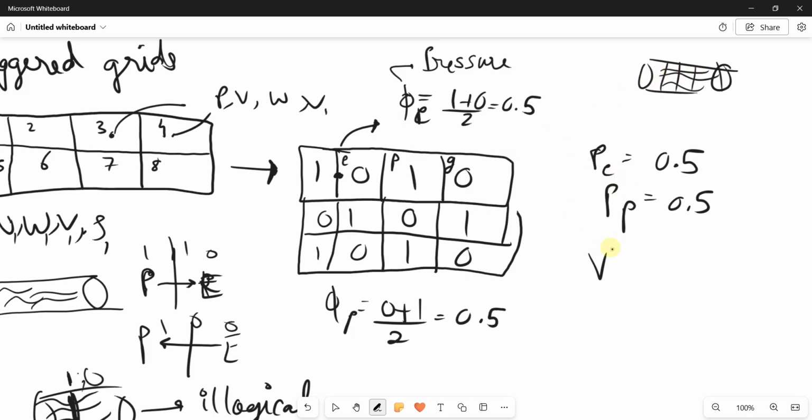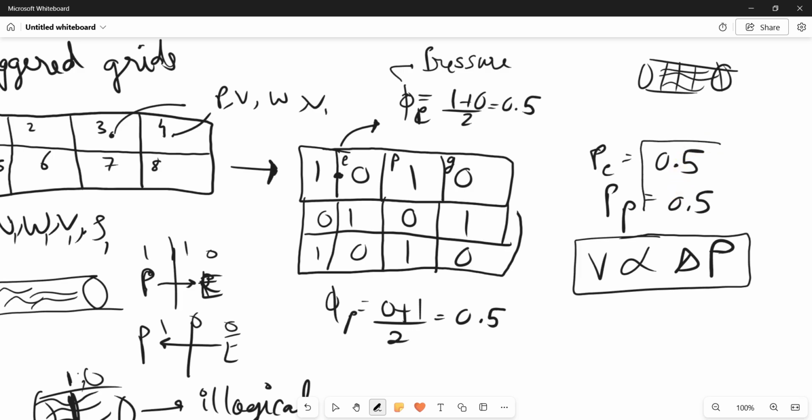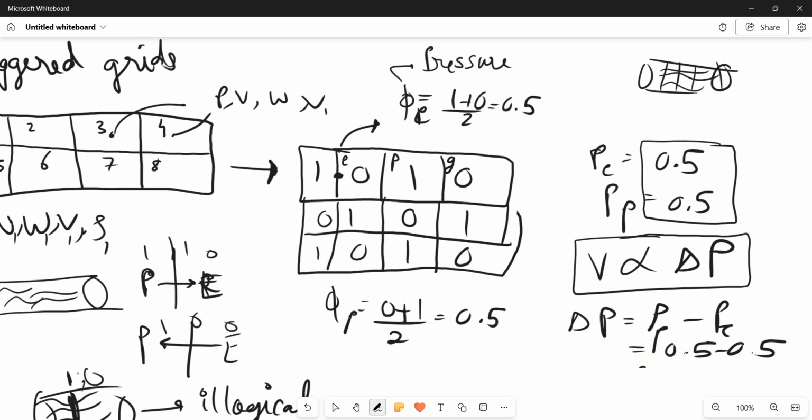You know that velocity is directly proportional to del P, from the momentum equation or Bernoulli's equation, whichever you remember. We are taking the momentum equation as standard. So velocity is directly proportional to del P, the change in pressure. Here you can see the pressure difference is going to be zero. Del P is equal to P_P minus P_E, which is 0.5 minus 0.5, so you're going to get 0. What does this mean? If velocity is 0, technically it means there's no flow.